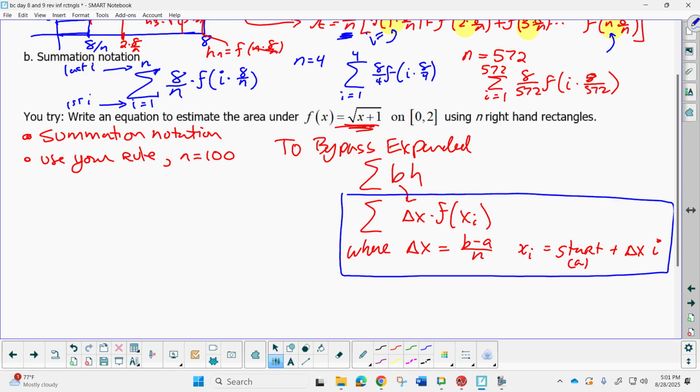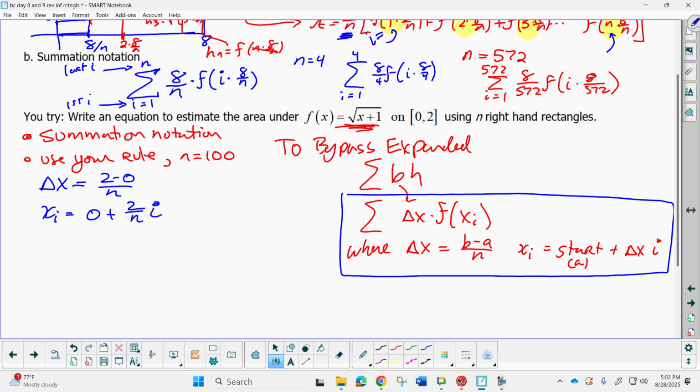So if I follow that as a blueprint, delta x is 2 minus 0 over n. X sub i is starting from 0, I'm going over 2 over n chunks i times.